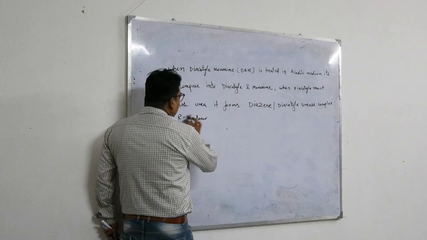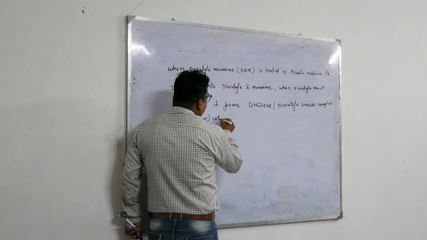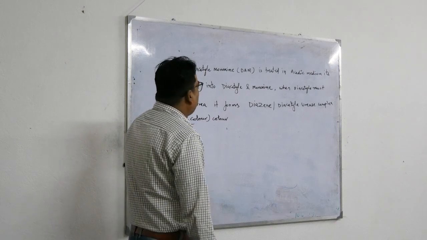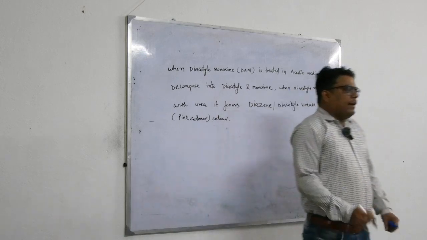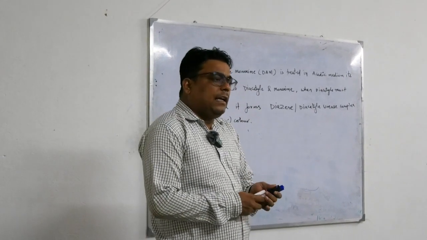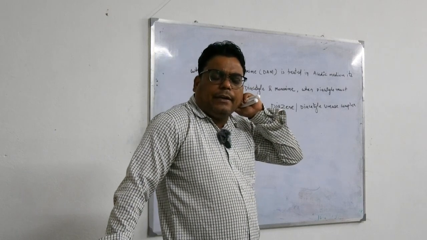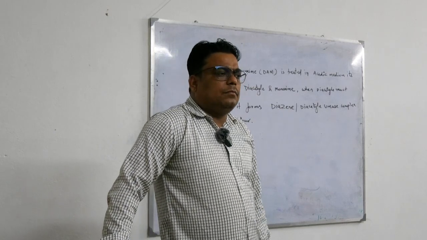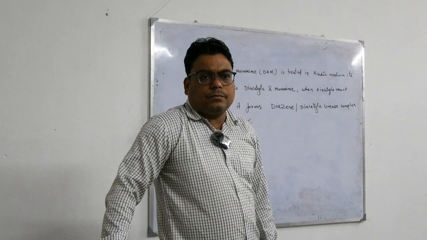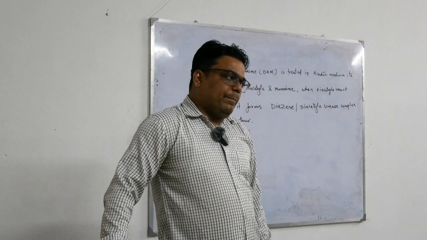Don't write it red; write pink color complex. So this is the basic principle of your test. When DAM is treated in medium, it forms diacetyl. When this diacetyl reacts with urea, it forms the diazine complex, which is a pink compound. With the intensity of this pink color, we measure the quantity of urea.